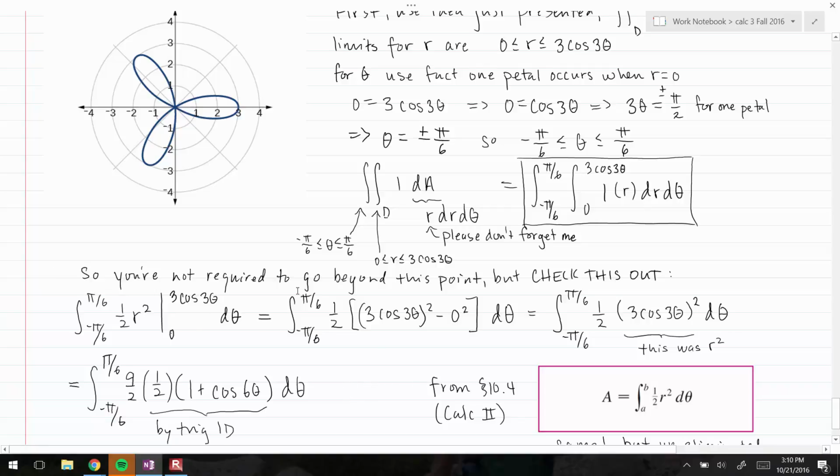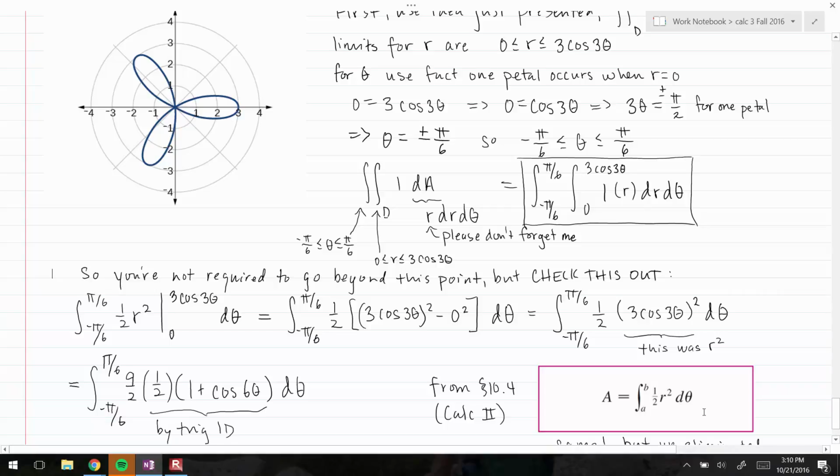But I want to show you something really cool. Notice when you get this 1/2 r squared, I'll remind you that this is pretty much the equation for the area of a polar region that you learned in Calc 2.